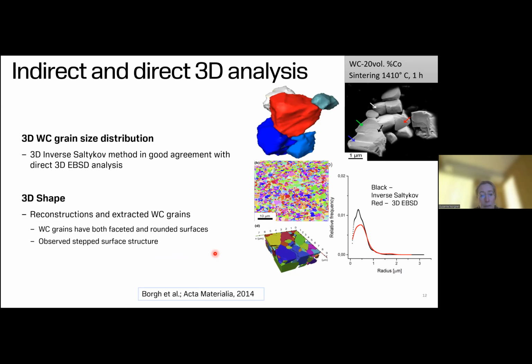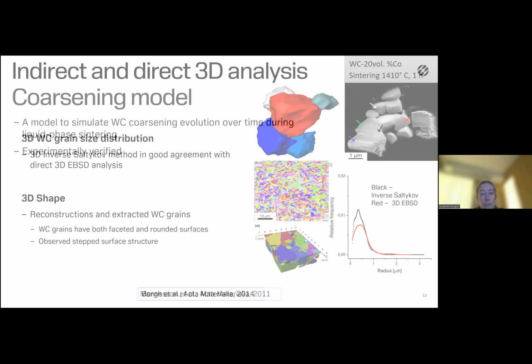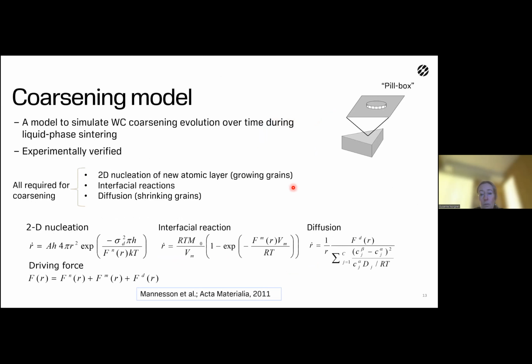So since we know that we have different surfaces, we also started to take that into account in the coarsening model. This was done by Mannesson, but later also by Bombalev, and we will come back to that later on. When we looked at the coarsening model, we found that when we took into account the grain growth of the tungsten carbide crystal, we needed a model for the nucleation of a new plane.